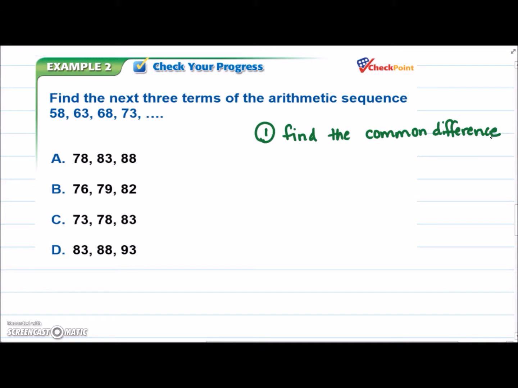Your first step is to find the common difference, D. You notice the numbers are growing. To go from 58 to 63, what do I have to add? If you're not sure, you can subtract to get 63 minus 58.